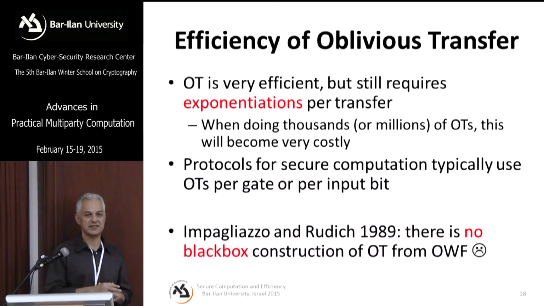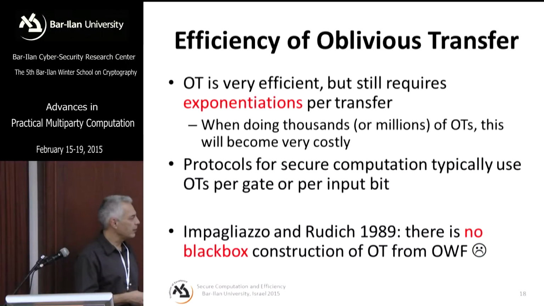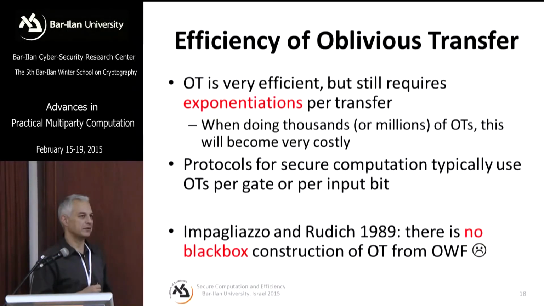It's a black box in the sense that they're not interested in what's inside the one-way function, not in the particular implementation of that one-way function, just use it as a black box. And what Impagliazzo and Rudich showed was you cannot construct oblivious transfer from one-way functions in a black box manner. It's simply impossible.